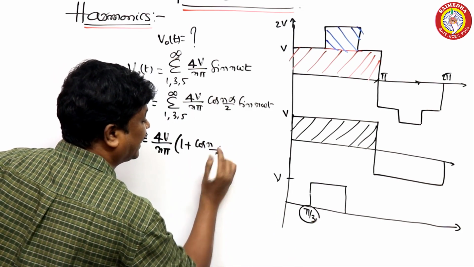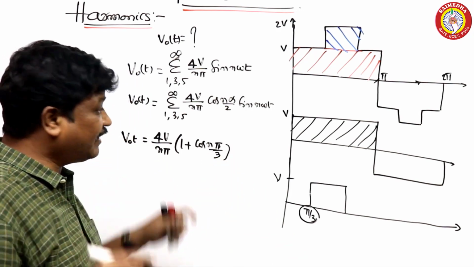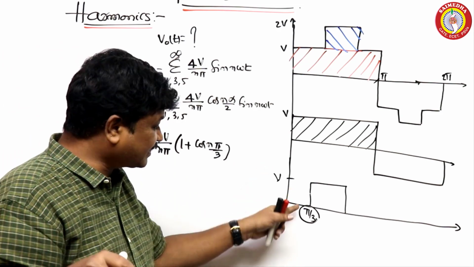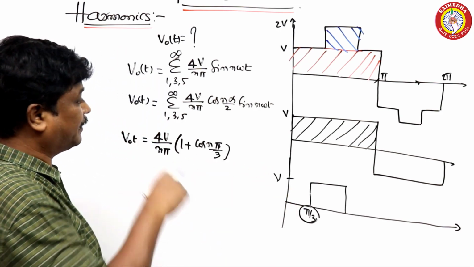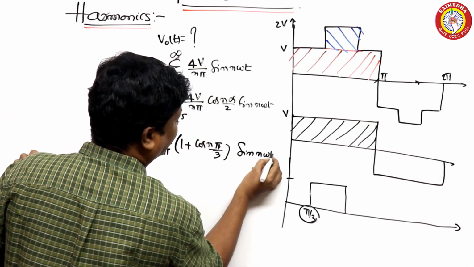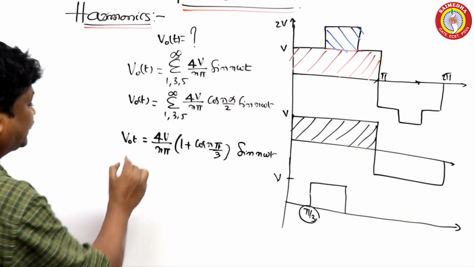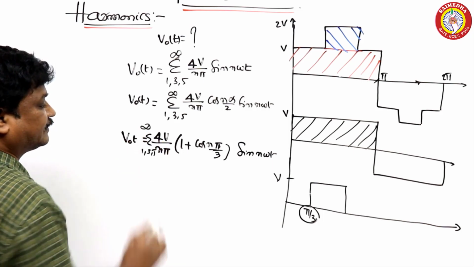In the previous example our wave started at alpha. Now it is starting at pi by 3, so you can write n pi by 3 and sin n omega t. This is your simple expression, sigma n equal to 1, 3, 5 to infinity.